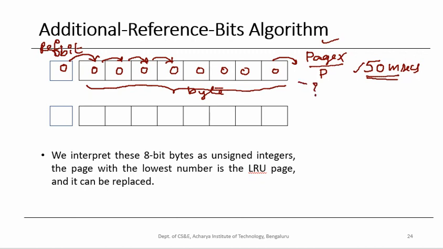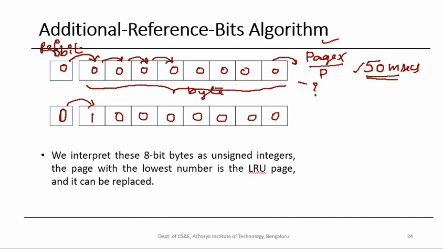Let's say after some time the page that we are referring to, that is page X, is referred by the CPU and the reference bit becomes 1, and after 50 milliseconds the operating system puts this into the high order bit of this byte, and the rest become 0 0 0 0 and so on.